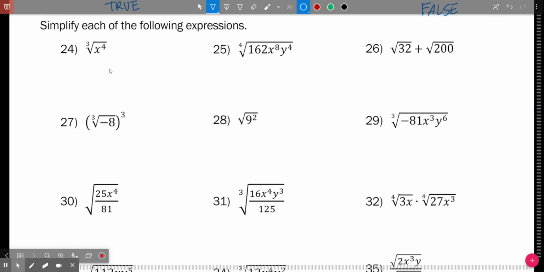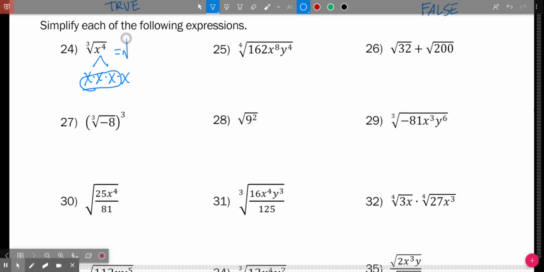Let's try a few examples. When you are simplifying radical expressions, you are looking for the factor of the radicand. So x to the fourth can be broken down into x times x times x times x. If I'm taking the cube root of x to the fourth, then I am looking for an x cubed that lives inside.